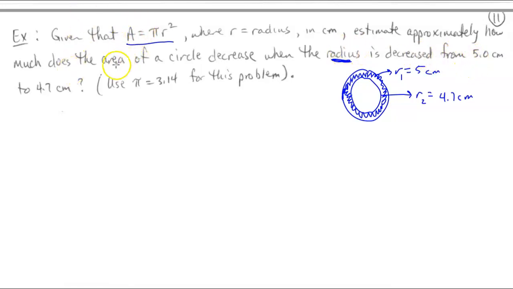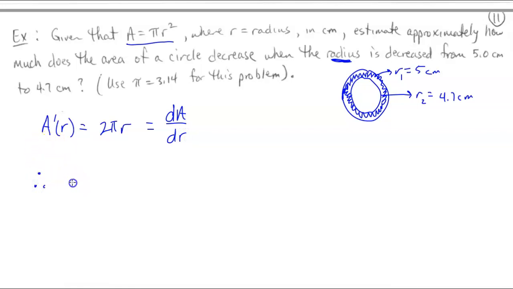So here what we need to do is figure out, well, what is going to be the derivative of area with respect to radius? Well, that's just going to be 2 pi r. And of course, we know that as a circumference, but we don't really care about that right now. And here, again, we could express this as dA over dr.